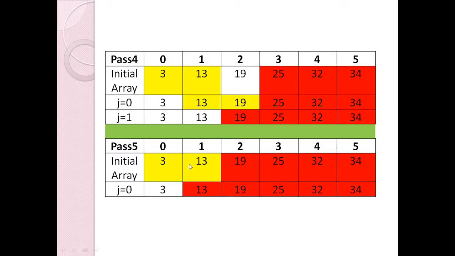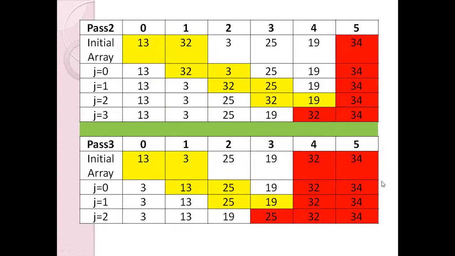And in pass 5, you will compare only 0 and 1, and then finally this value will appear here. When this much of array is sorted, this number will automatically be sorted because this is the smallest number. All greater numbers have gone to their own place.